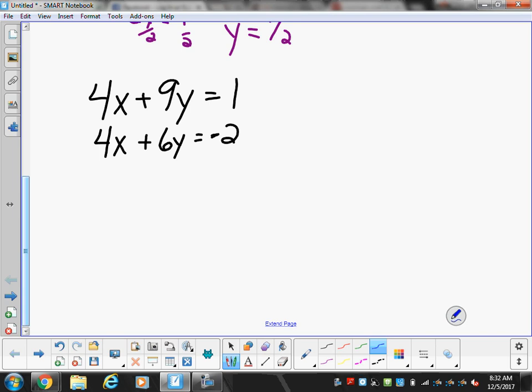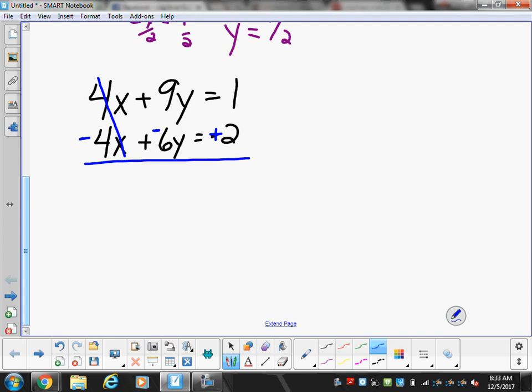If I multiply this whole second equation by -1, all that's going to do is change the sign on every one of those terms. That'll make that a -4x, a -6y, and then a +2. Now I can just add, and my x's are eliminated because 4x plus a -4x is 0.